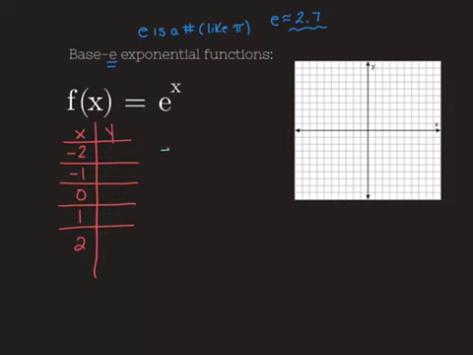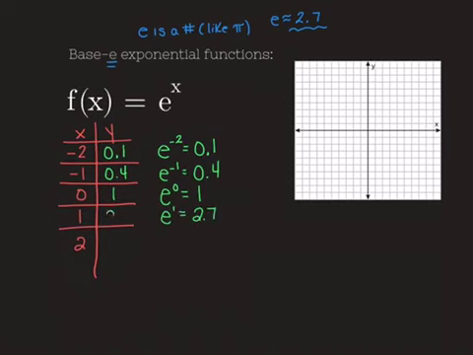So if you compute e to the -2nd and you round it, it'll be about 0.1 or 1/10. If you compute e to the -1st, that will be about 0.4 or 4/10. Now, we don't even need a calculator for e to the 0 power because we know anything to the 0 power is always 1. E to the 1st is just 2.7, like we talked about a minute ago. And so e to the 2nd is approximately 7.4.